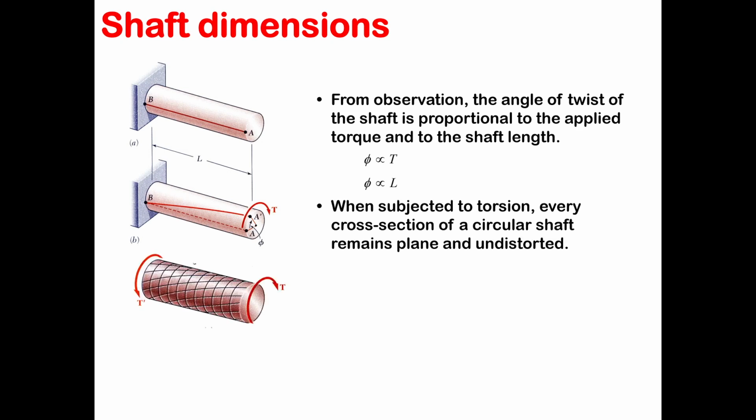So when subjected to torsion, and you have to keep that in mind, every cross section of a circular shaft remains plane and undistorted. So this is a very important assumption we are making that is going to help us with the analysis, right?